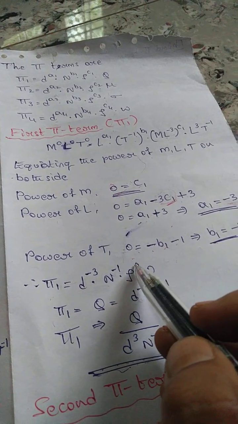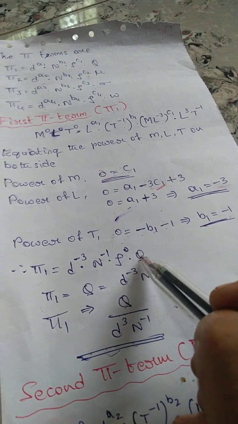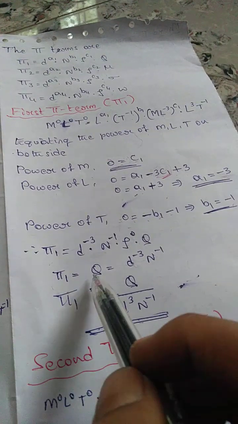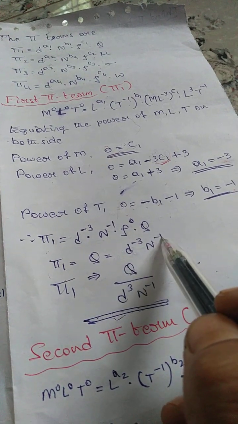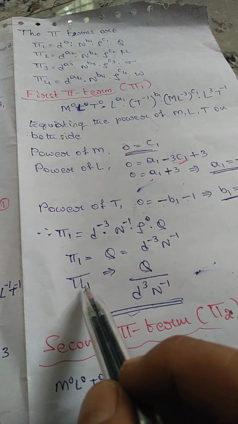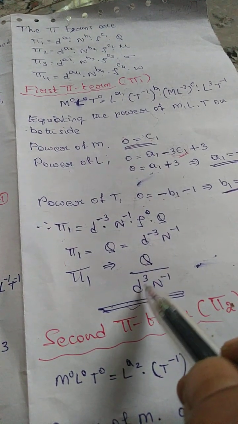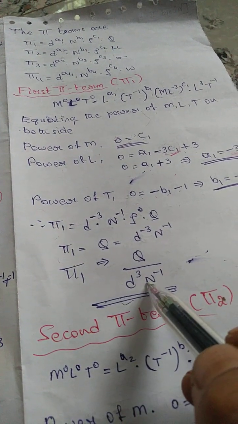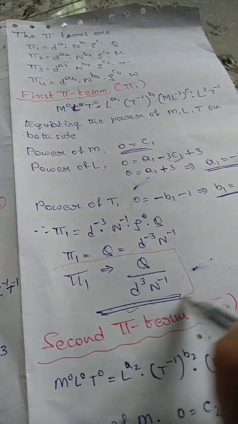Rho to the power 0, that is c1 is 0 here, that's why it is 0. And Q. Therefore pi 1 is equal to Q, d to the power minus 3, n to the power minus 1. Therefore pi 1 is equal to Q divided by d to the power 3 into n to the power minus 1. This is the value you get for pi 1.